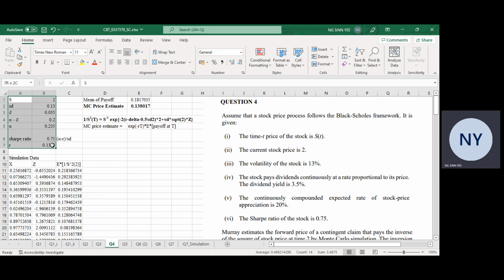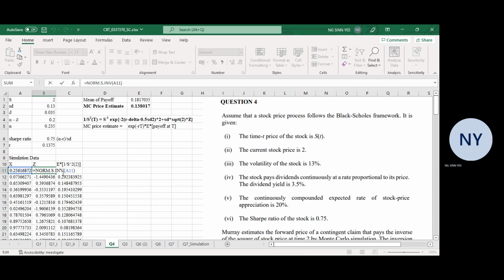After having all of this important information, we will then proceed to simulate the Z value from the given X, which is the 150 given uniform random variables. For the Z, we will just use the standard normal distribution, and we will be using the NORM.S.INV function in Excel to get the Z value.